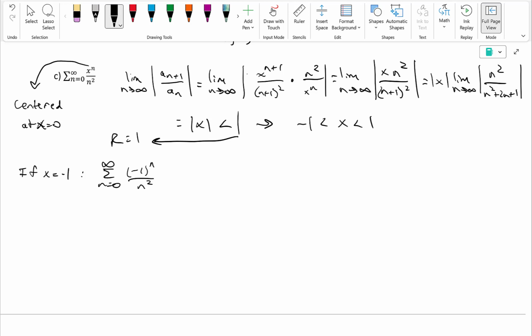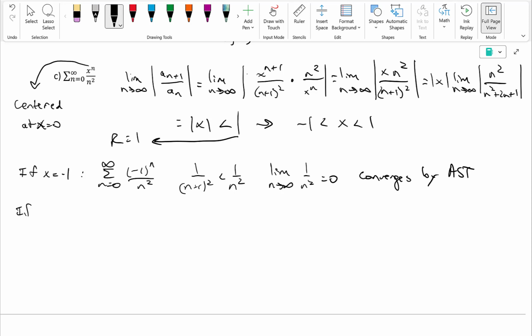This is alternating, hopefully recognize it as convergent, but we can look at some things. So 1 over (n+1) squared is less than 1 over n squared. And our limit as n approaches infinity of 1 over n squared equals 0, right? So it converges by the alternating series test.